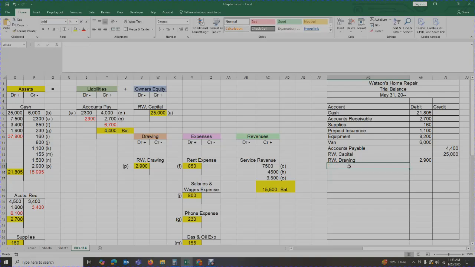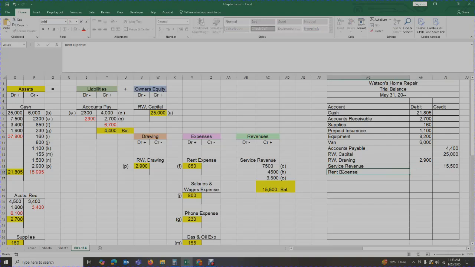Before we do the expenses, let's bring in our revenue. And we leave expenses for the very end. Okay, so we've got our capital, our drawing, and then we're going to do our service revenue. So because we need to have them in order by capital, drawing, revenue, and then the last thing we bring in are our expenses. Okay, so let's do our service revenue. We've got a credit of $15,500.